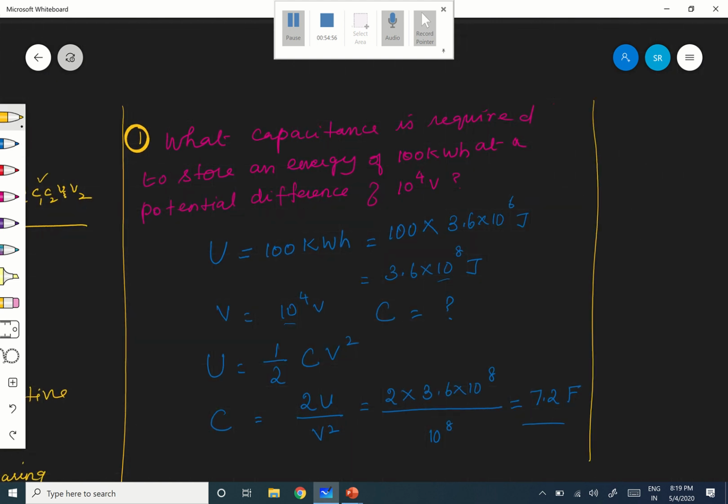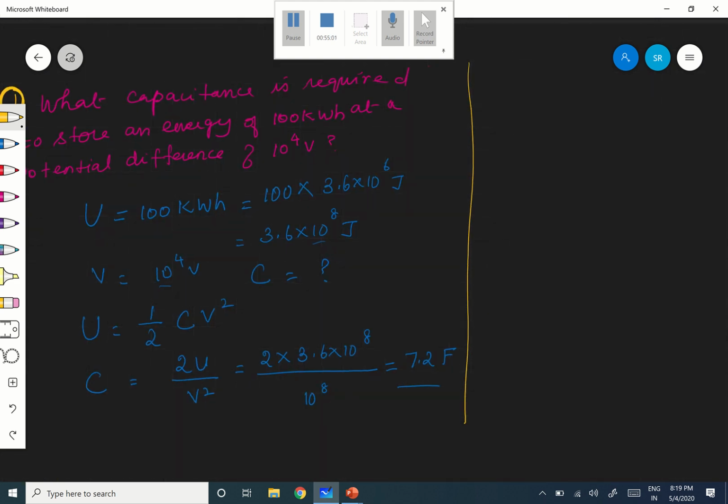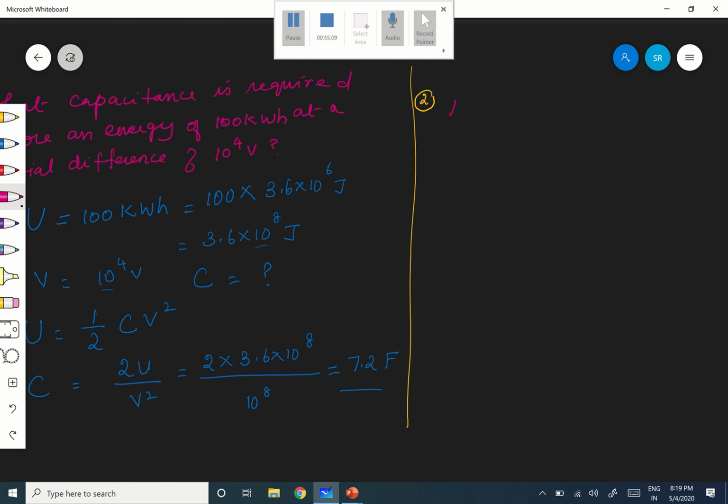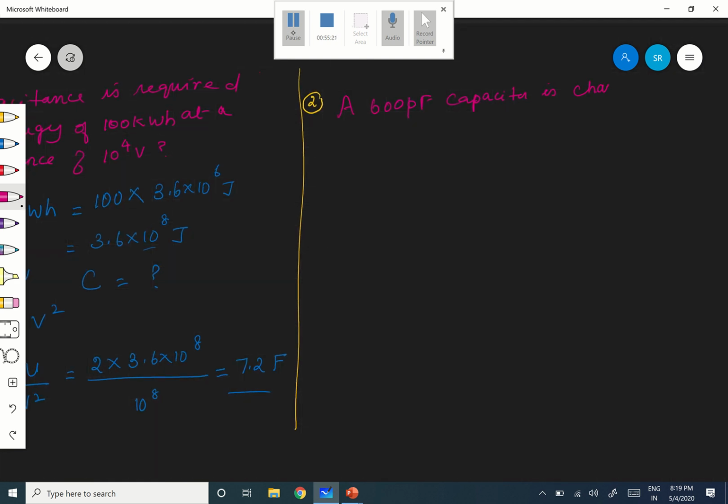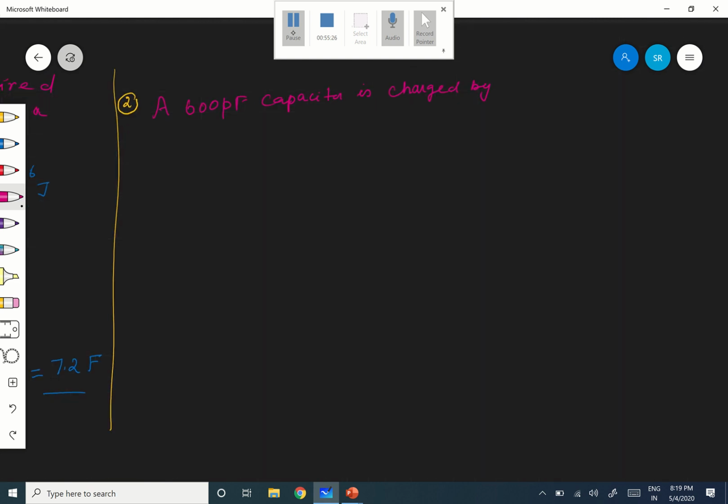One more question. We'll see one more problem. A 600 picofarad capacitor is charged by a 200 volt supply.